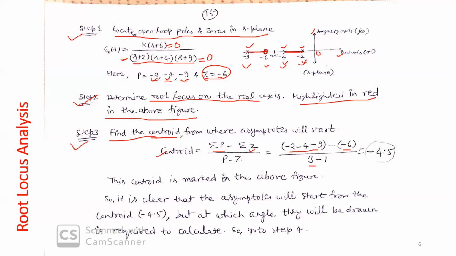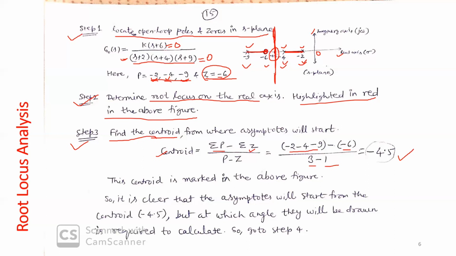How many poles are there? 3 poles. And how many zeros? Only 1 zero. 3 minus 1. So you get the centroid at -4.5. So between -4 and -6 there will be the centroid, at -4.5, and from this -4.5 our asymptotes will start.